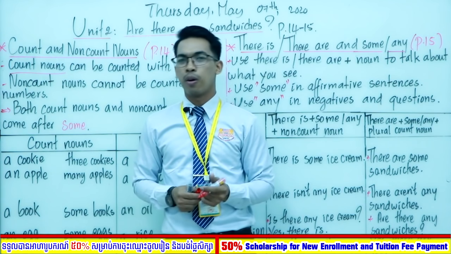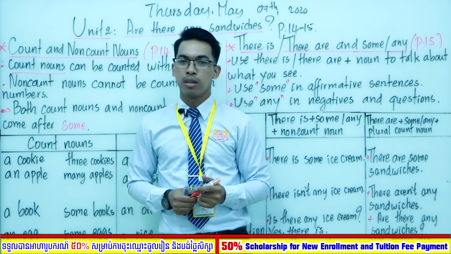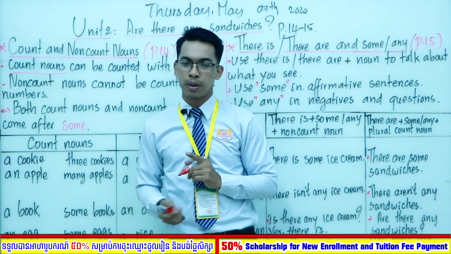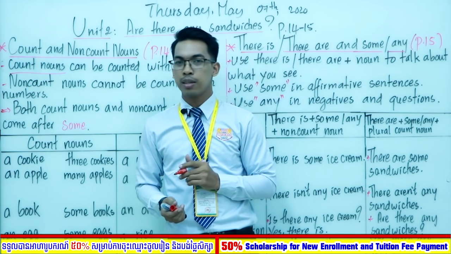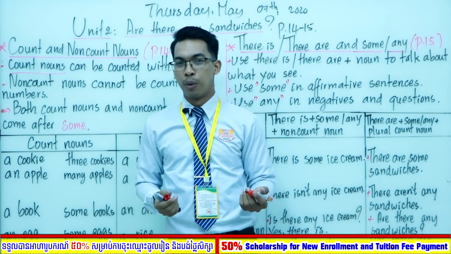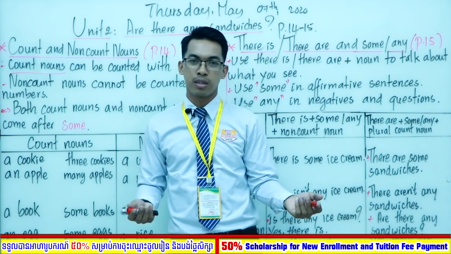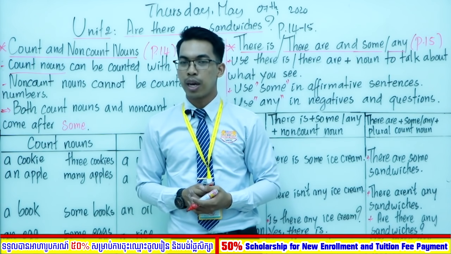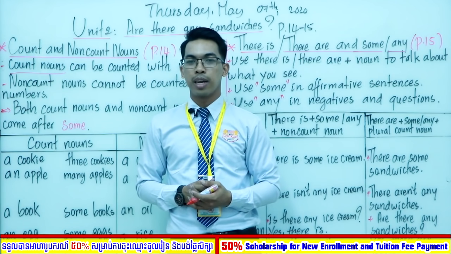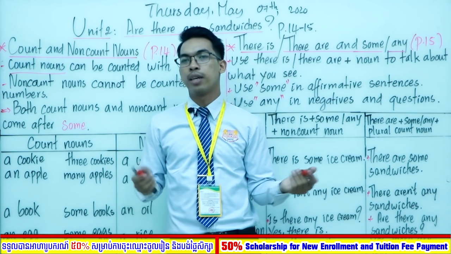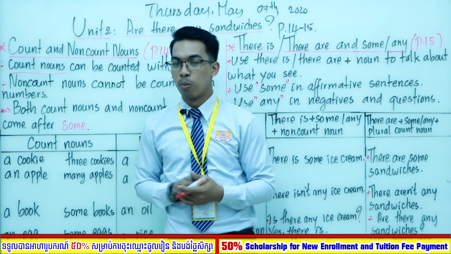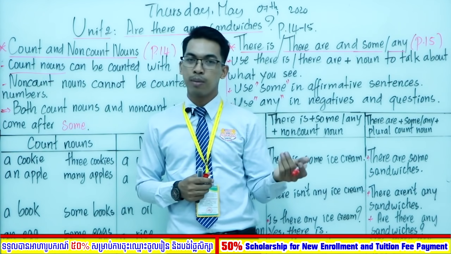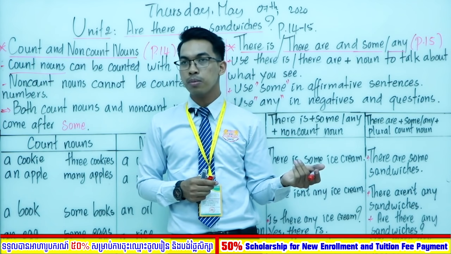Example, a book. Can you count the book? Very good, it is one book. Another one, a door or two doors. Can we count it? Of course, we can count. Another example: if you are at home, just look around you and you will see something that you can count.